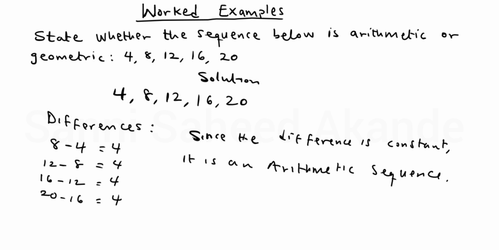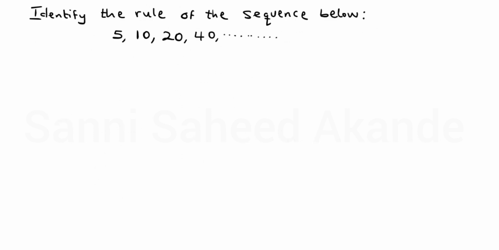So the next question says identify the rule of the sequence below. What they are asking us is to find the definite pattern that this sequence follows. Solution. Now this one is just by mere observation, you are going to get your answer. So what is the rule? If you look at the sequence given to us, 5, 10, 20 and then 40, when you multiply each term by 2, you are going to get the next term.